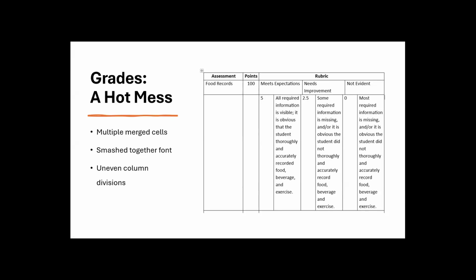And the font is all smashed together. There's those uneven column divisions. And this is something that I see frequently. I'm a QM reviewer. And so this is something that I see all of the time when I'm reviewing a course is just people continue to insist on using tables to put up this information.